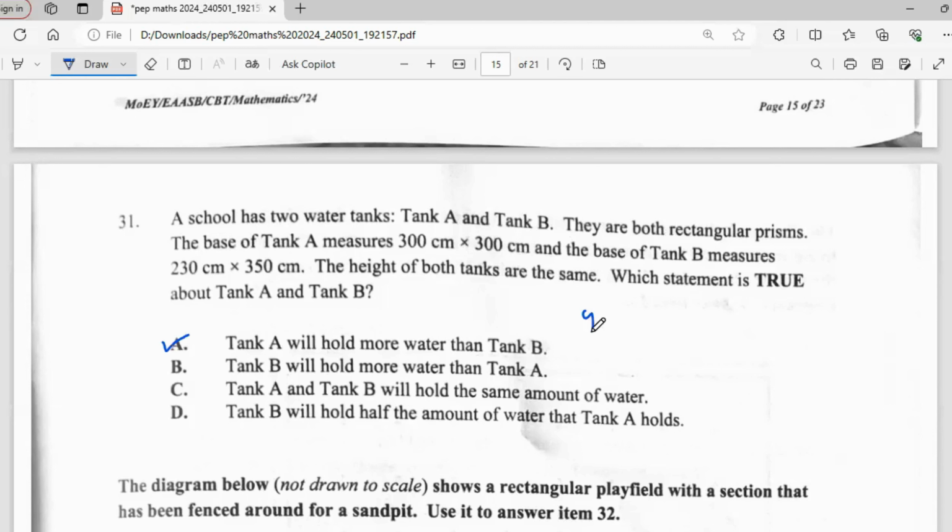And if we look at an example, if you multiply 90,000, this is tank A, I'm just gonna say A, and B is 80,500.